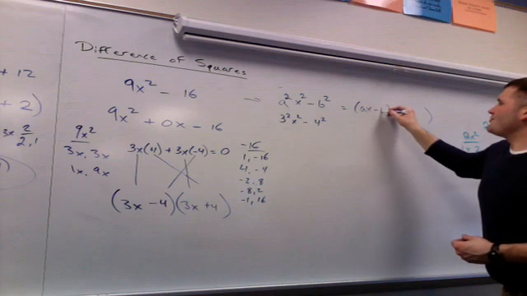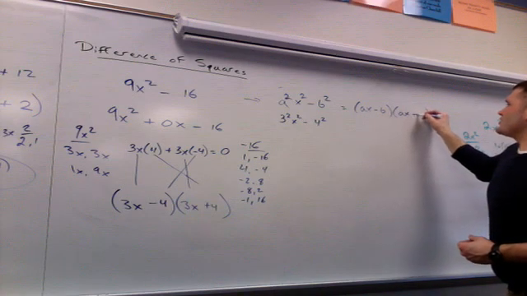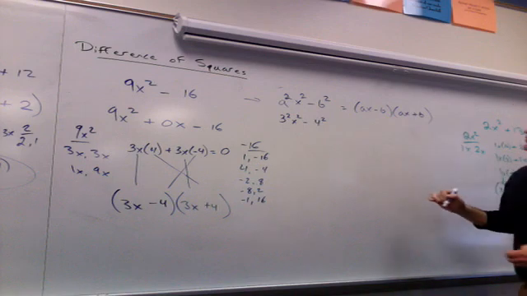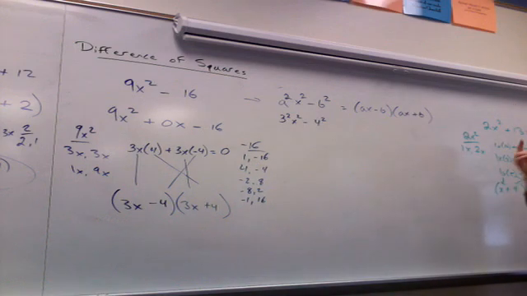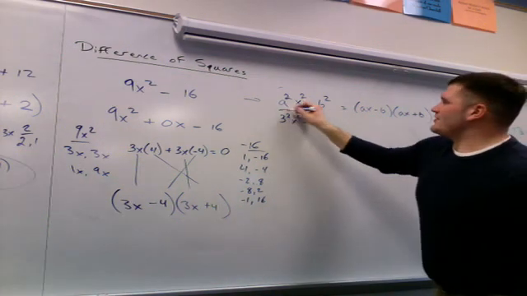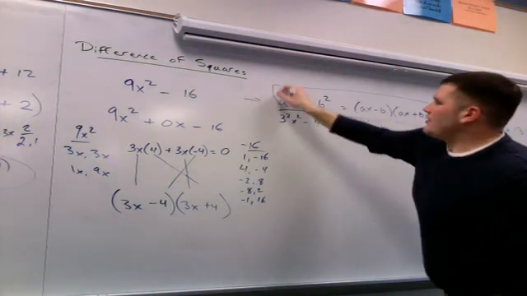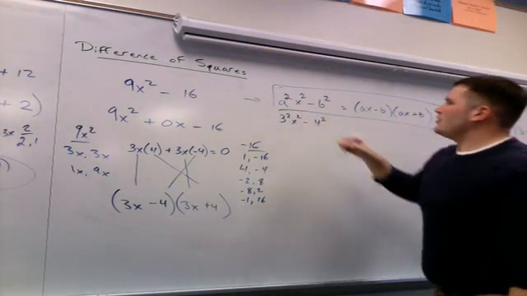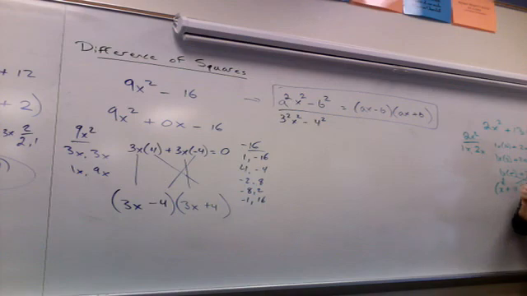Good. So anytime I have something that fits this format, a squared x squared minus b squared, I can use that shortcut and write ax minus b times ax plus b.